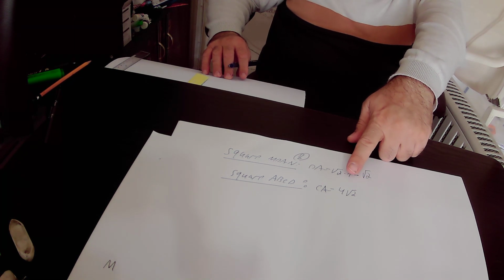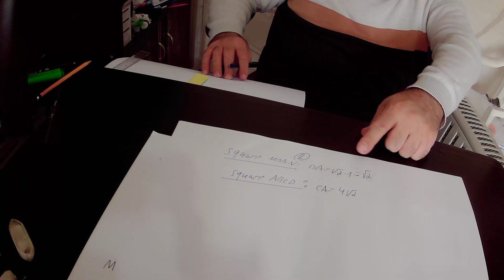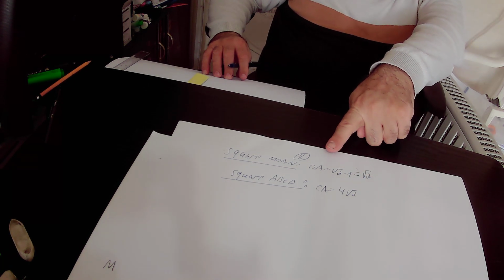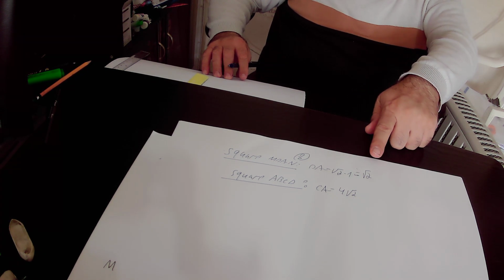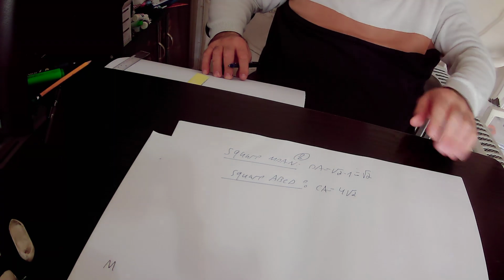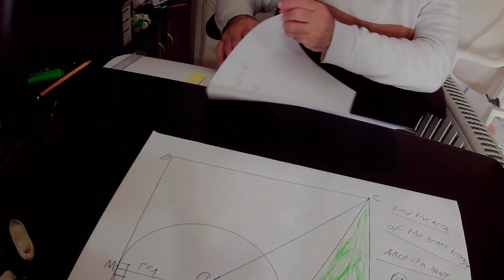So in conclusion, CA equals 4 times square root of 2 units, and OA, the diagonal of the small square, equals square root of 2 units. Okay?